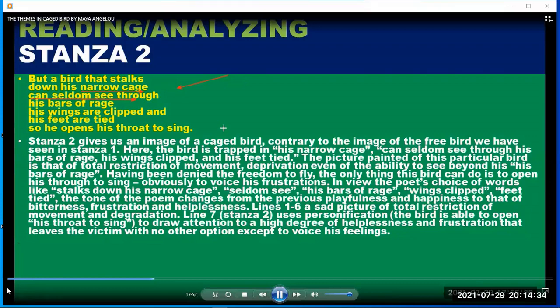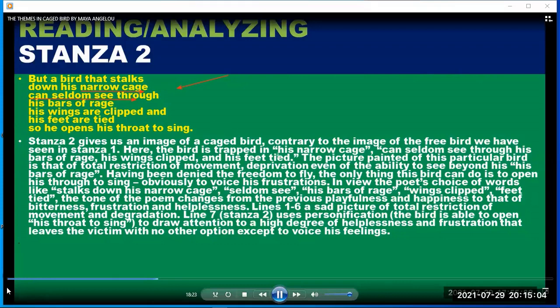So one of the major themes is the pains of enslavement and limitation. The Black American was enslaved and he was limited in his enjoyment of human rights. He was limited, restricted, all right? So the tone of this stanza actually gives us a picture of what the poet is talking about.